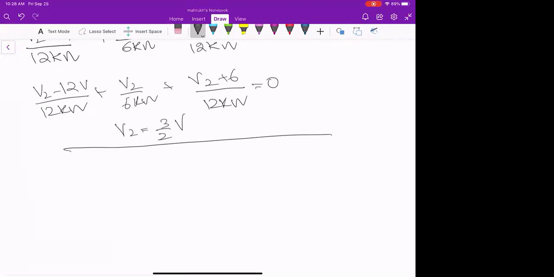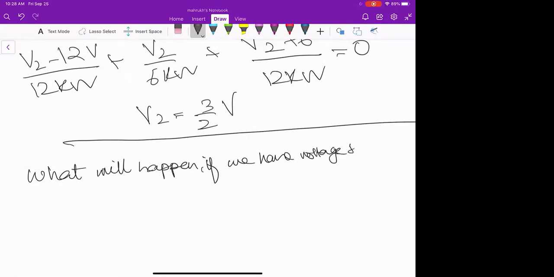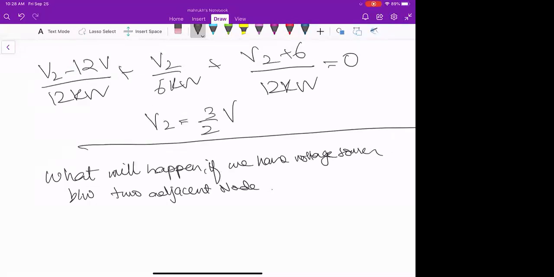So what will happen if we have a voltage source between two adjacent nodes?